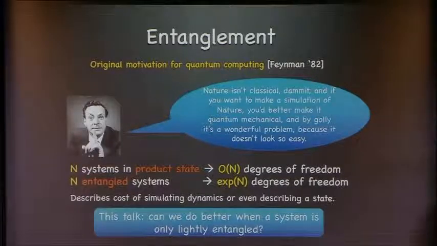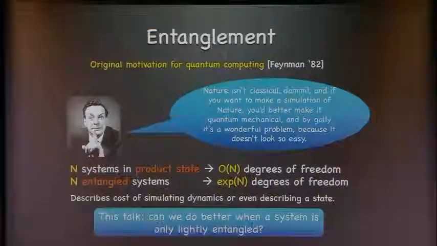But is there something in between those two extremes? To what extent can we say that something is perhaps lightly entangled and requires less effort to simulate? So I'm going to give you a number of stories of where people have tried to use this kind of reasoning, some successful, some less so, and I'll identify some open questions where we might push in the future.